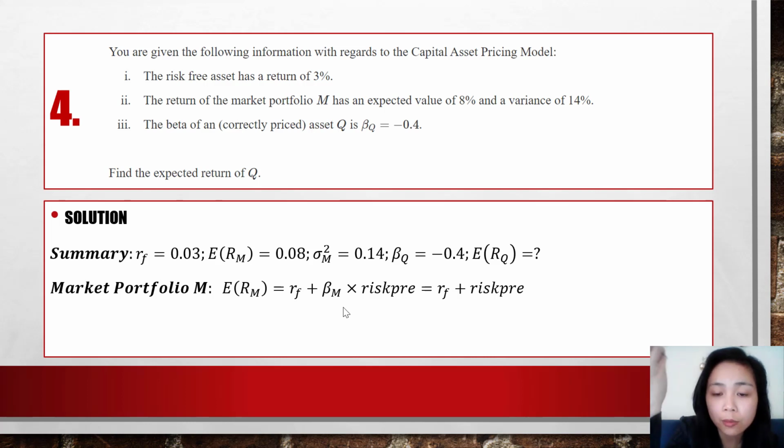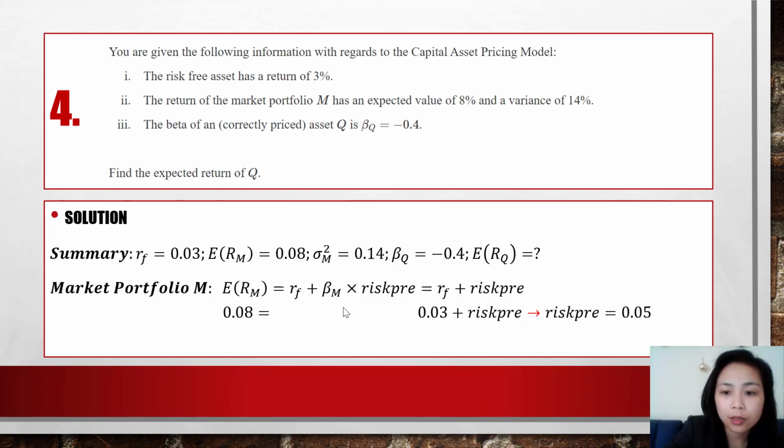The risk premium of the market here is not given. That is what we have to find. RF is 0.03, and the expected return of market is 0.08. So we got 0.08 is equal to 0.03 plus the risk premium of the market. So from here we got the risk premium of the market is 0.05.